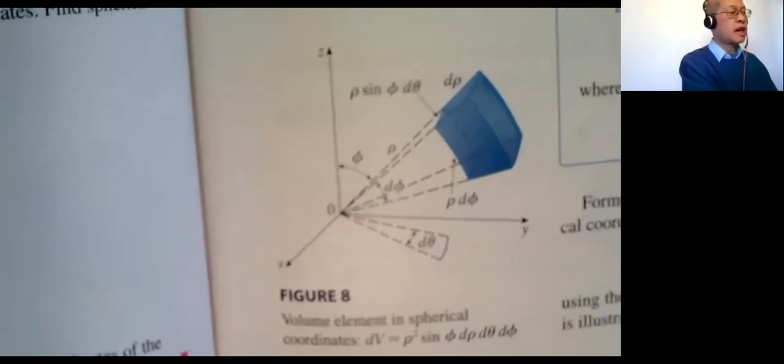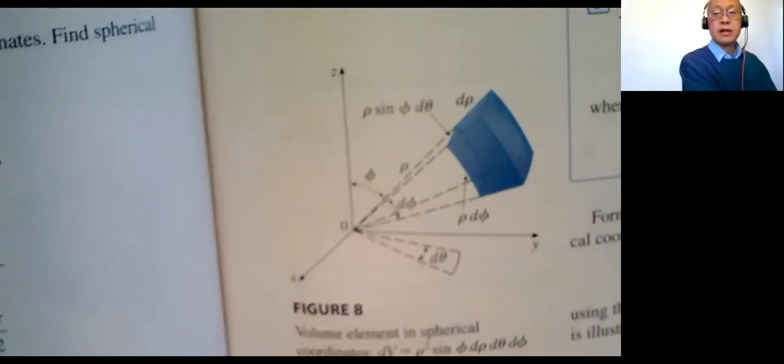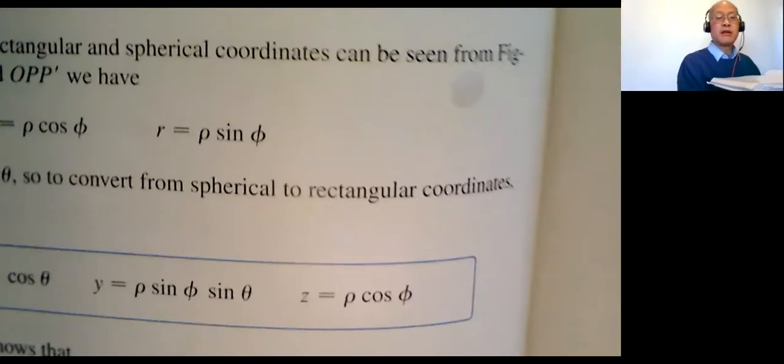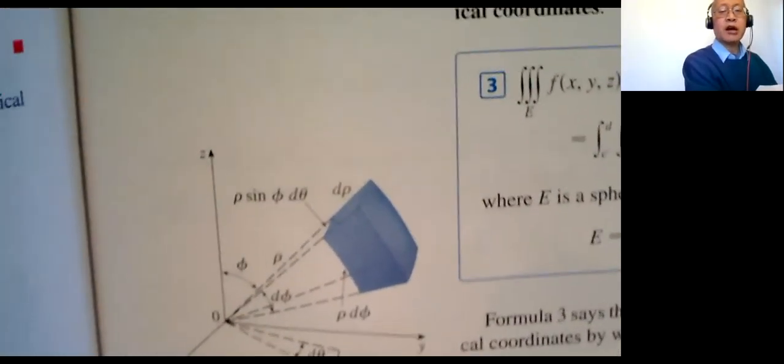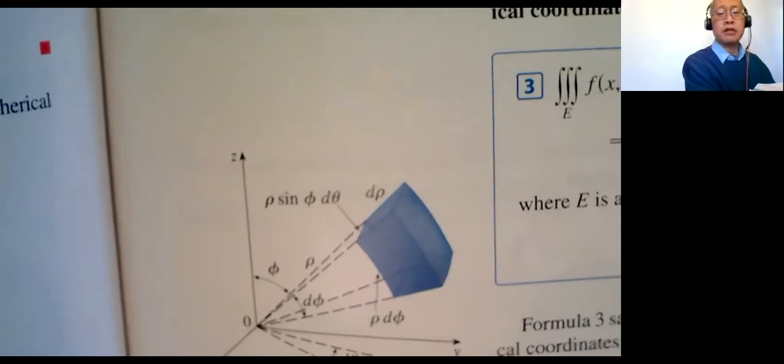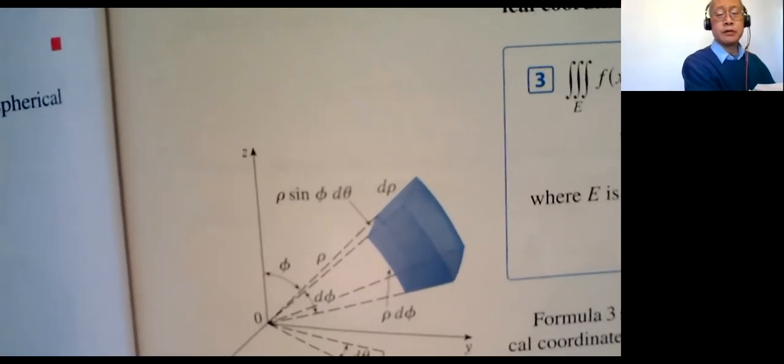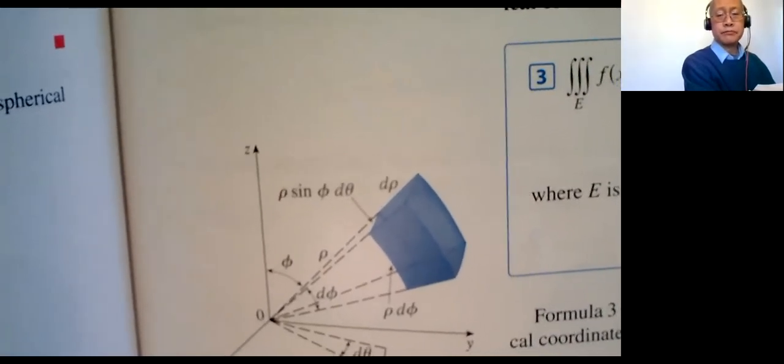Rho sine phi, that's the same thing as r. So that piece there, rho sine phi d theta, is like r d theta, the same as the r d theta we had before in the last section.